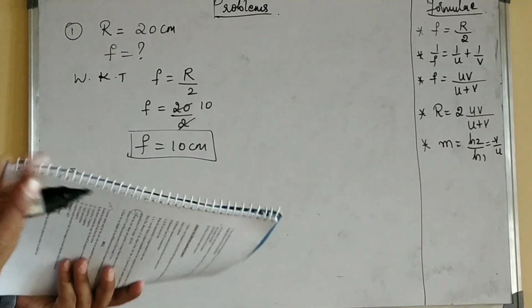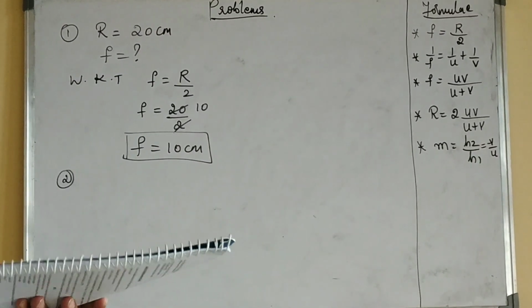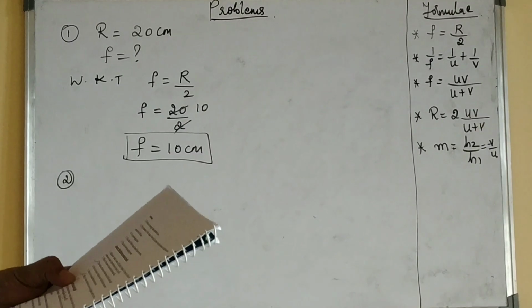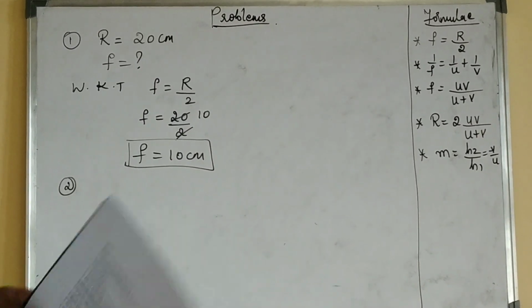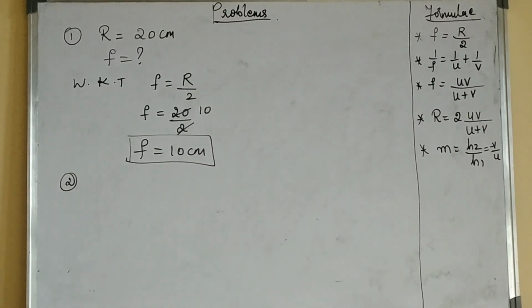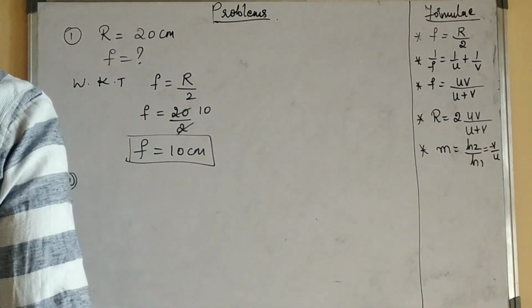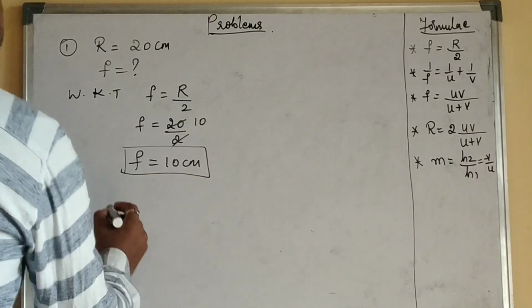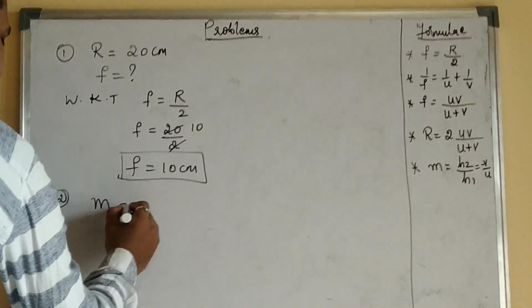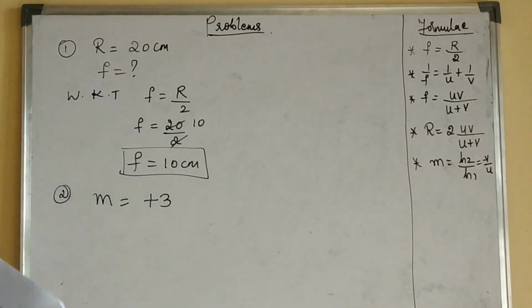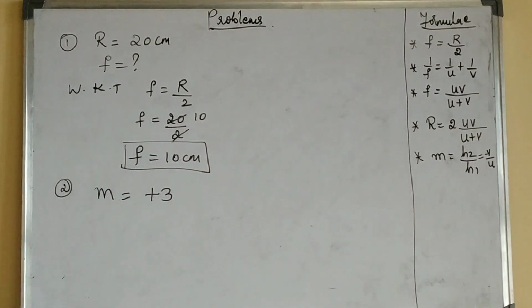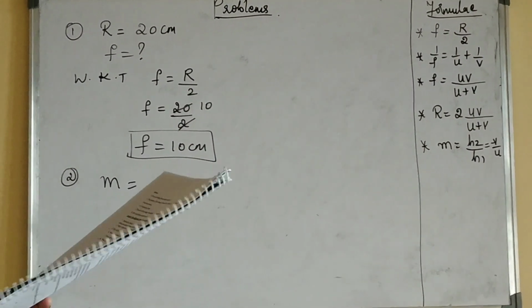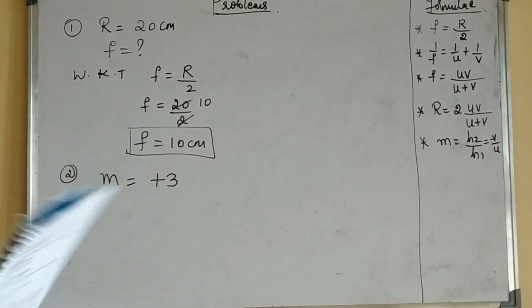They are asking what is the nature of the image. So you have the magnification value m given here to be a positive value, and the mirror they have mentioned is a concave mirror. What is the nature of the image?